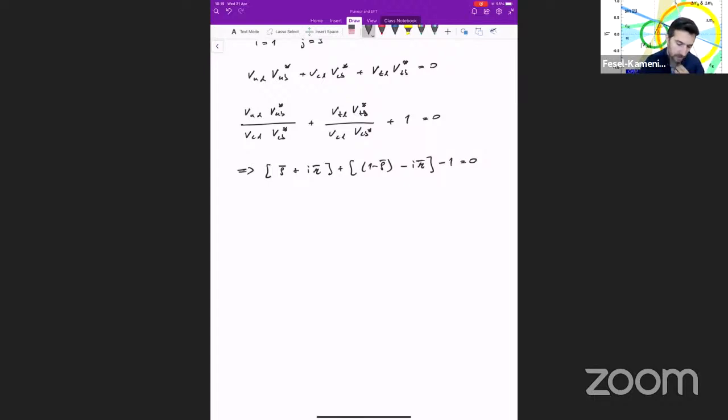I've used the expansion in the Wolfenstein parameters up to order lambda to the fourth, so this relation is exact up to order lambda to the fifth.